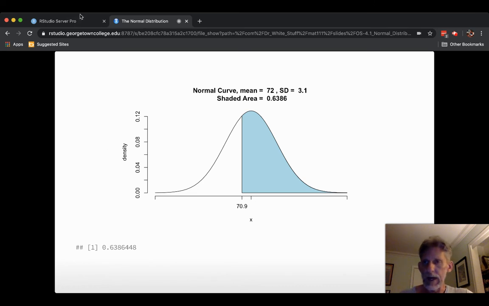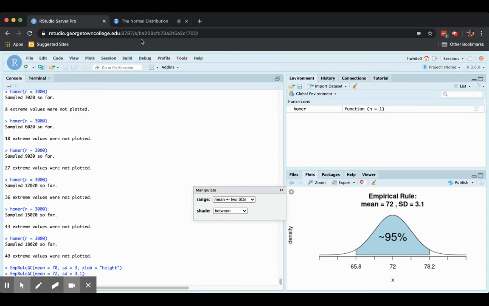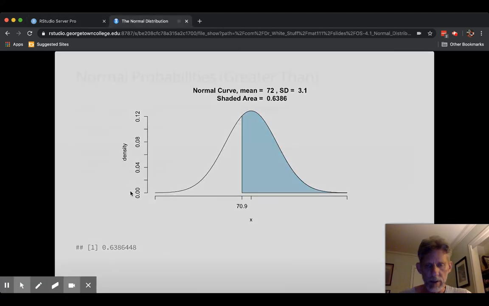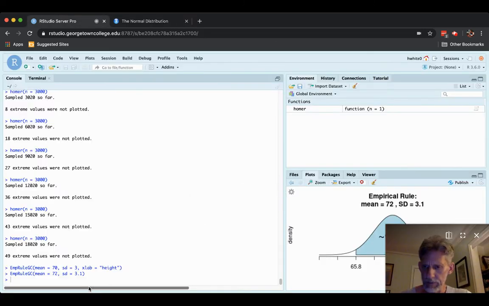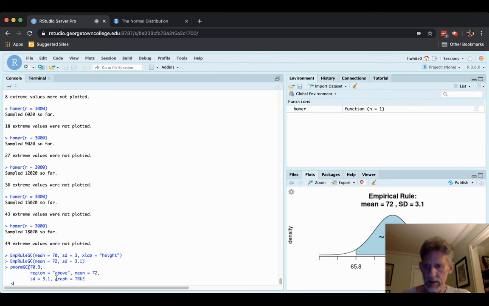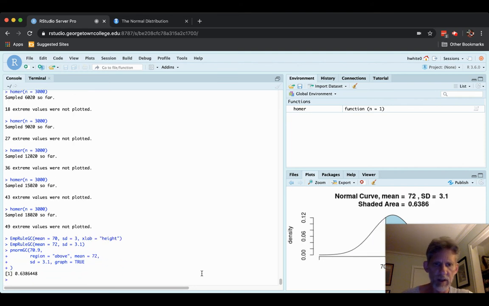So let's give it a try. I'm going to copy, head over to the RStudio server, paste, run.